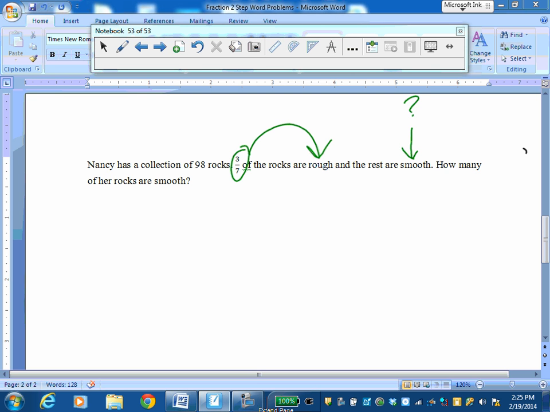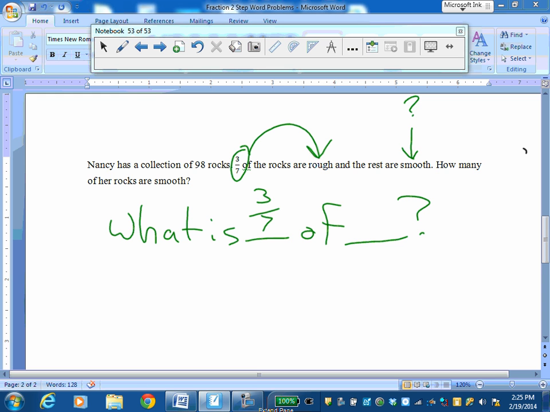So will this fit into what is blank of blank? So what is 3/7 of 98? And since that fits, that's a multiplication problem. So that's going to be 3/7 times 98 over 1, which is a pretty big problem. But let's see if we can do it.